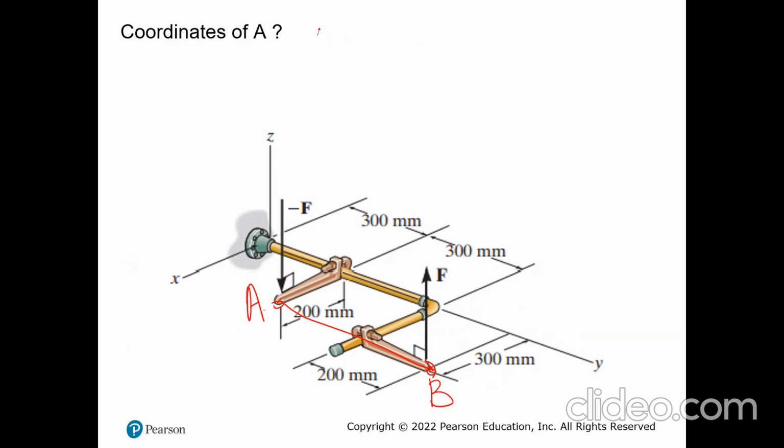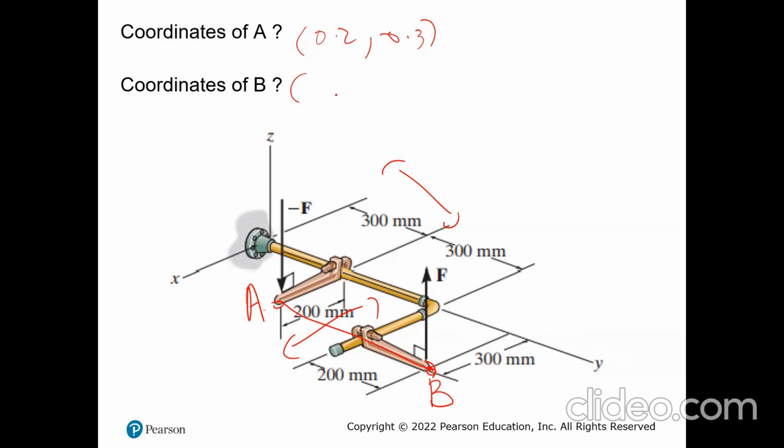It's 0.2 in X and 0.3 in Y. Let's look at the coordinate of B. That's 0.3 here in X, and then 0.3 plus 0.3 plus 0.2, that's 0.8 in Y.